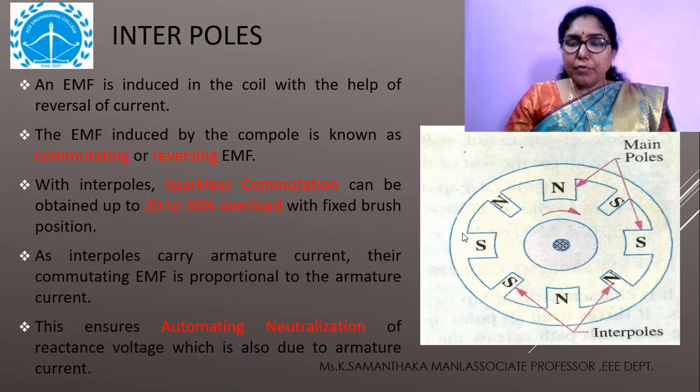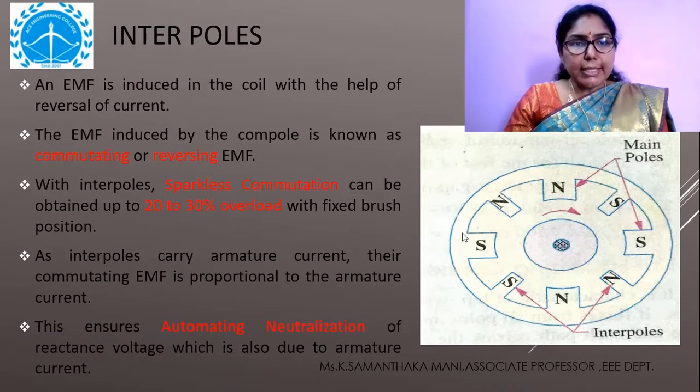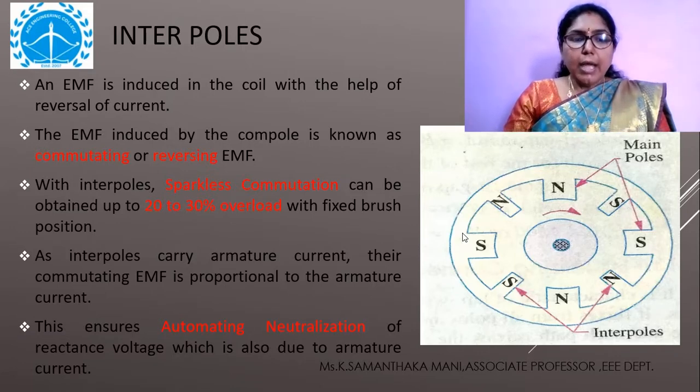Right. So what is the advantage of these interpoles? With the interpoles, we can obtain sparkless commutation even for around 20 to 30% overload of the generator with the same fixed brush position. That is the most important advantage of using these interpoles. As we explained earlier, as interpoles carry the armature current, their commutating EMF is proportional to the armature current.